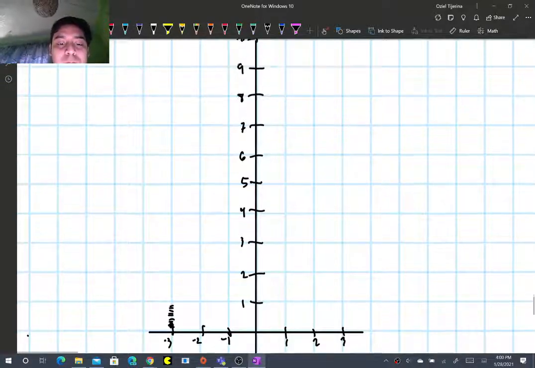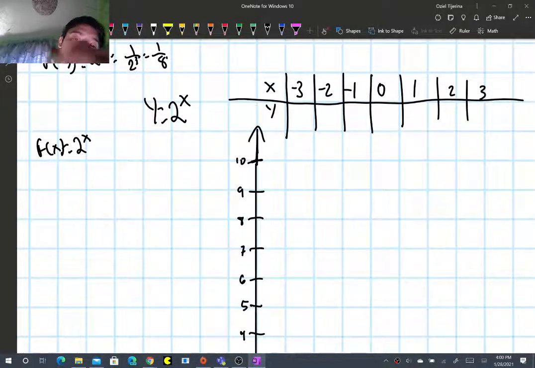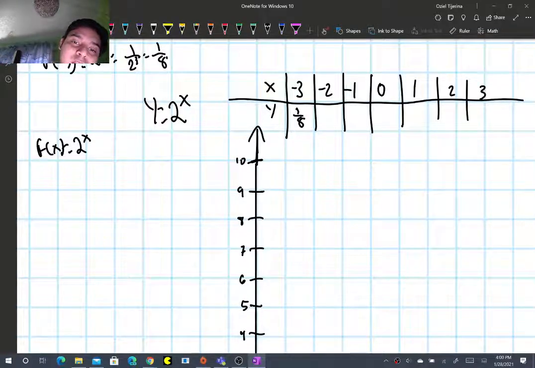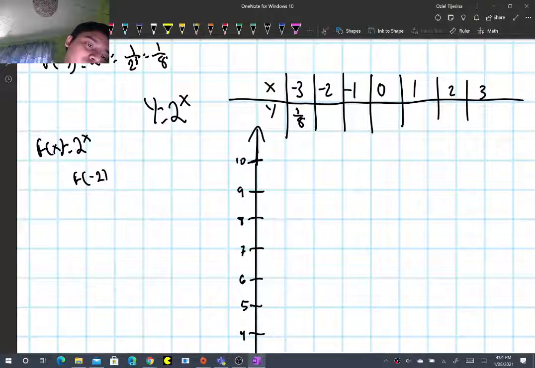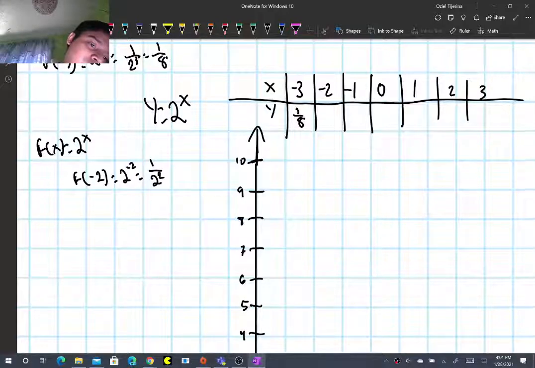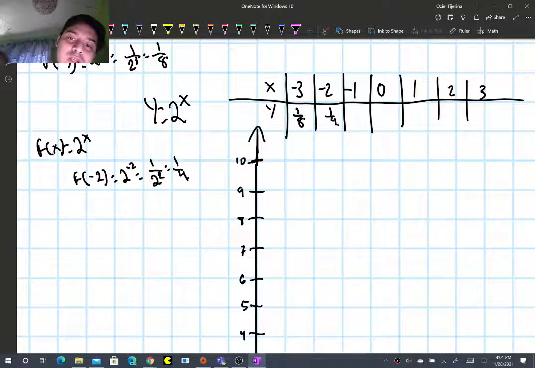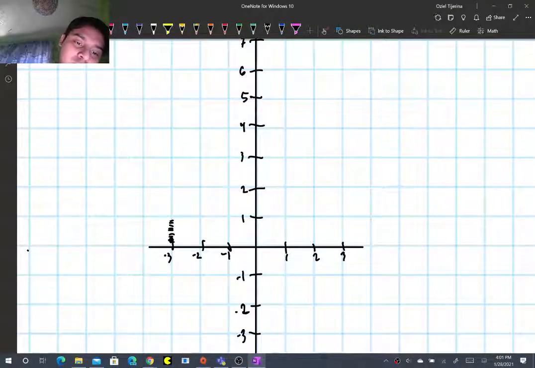Okay. Now this is 1/8, right? F of -2, that would be 2 to the -2 power, which is 1 over 2 squared, which is 1/4, okay? So this is 1/4. Now, it's going to be a fourth of 1, so maybe about right here.